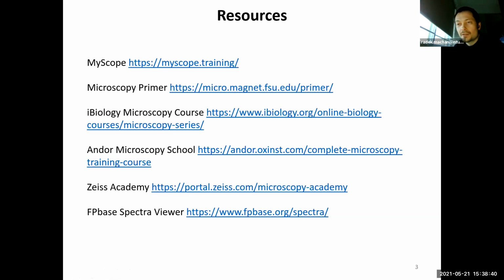There are some interactive applets, and also some quizzes which you can take to check whether you have learned anything from the materials or not. So this is a very nice thing.